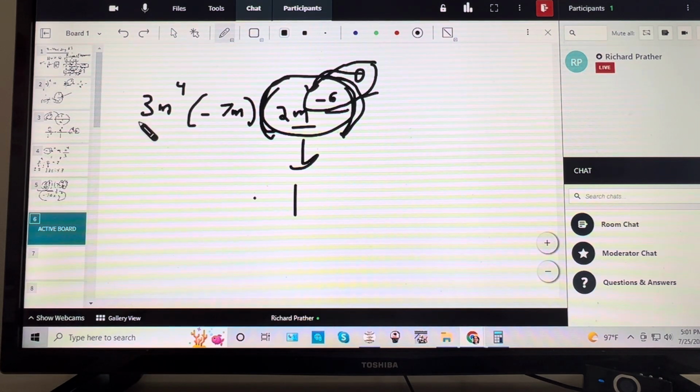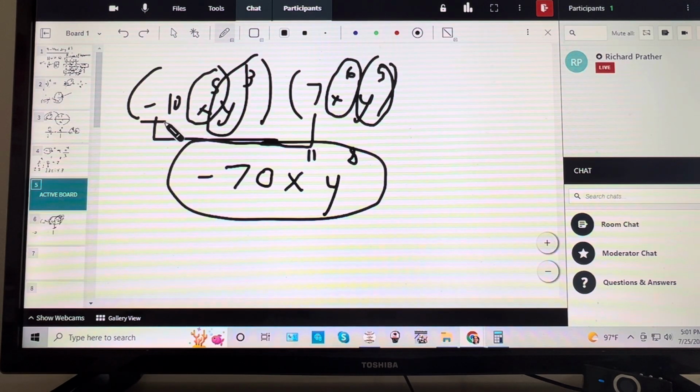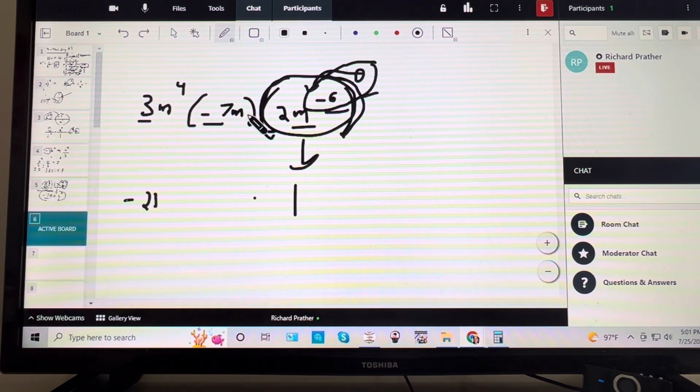So I have a 3 times a negative 7, that's negative 21. Now we're kind of doing like this problem where I did negative 10 times 7 is negative 70. 3 times negative 7 is negative 21. M to the 4th times m, and this is tricky, m to the 5th, not 4th. A blank exponent is not a 0, it's a 1.